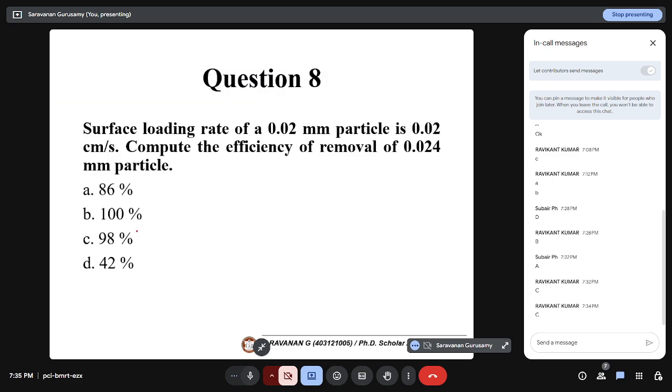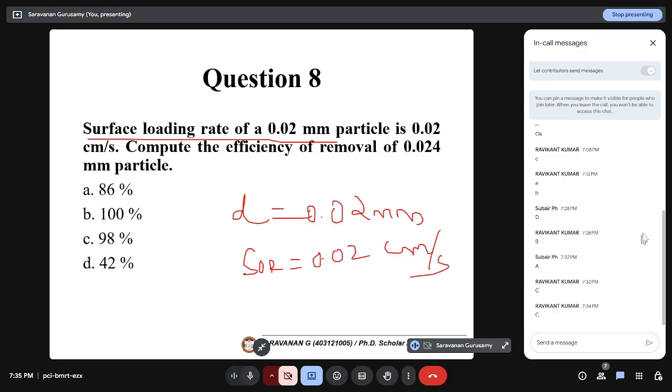Yeah. Okay. Surface loading rate is given. Particle size is 0.02 mm. Surface loading rate, SOR, is 0.02 centimeter per second. Actually, it will be centimeter cubed per centimeter squared per second.